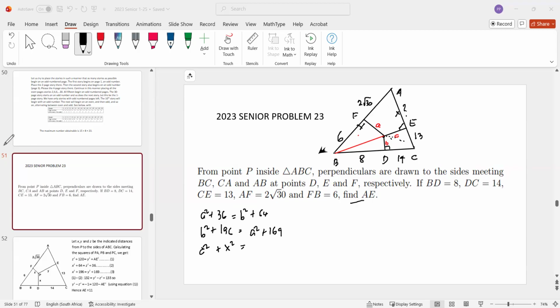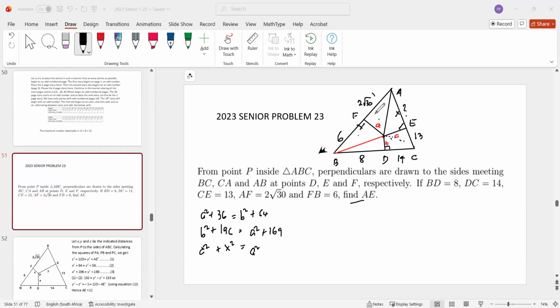If I join this line here, then you got, this is C. C squared plus X squared is that line squared, and that is equal to A squared, the hypotenuse of the other triangle.